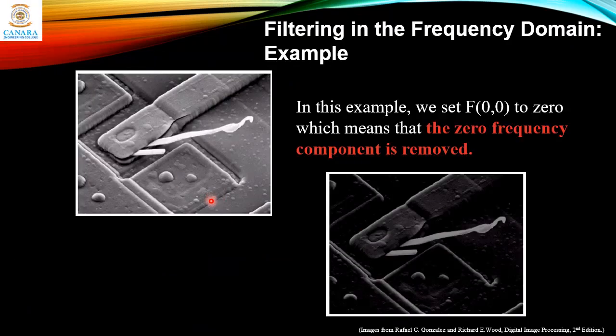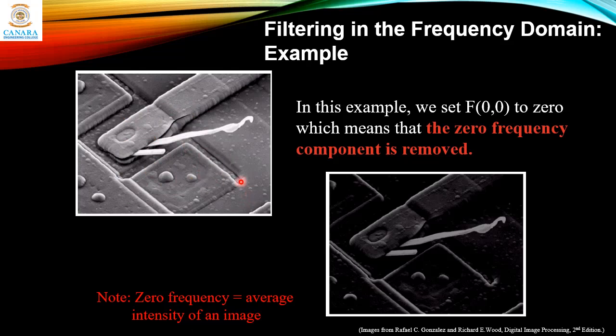Let us see an example of filtering in the frequency domain. In this example, we set F(0) to 0. That means we are removing the zero frequency component, which is the average intensity of an image.